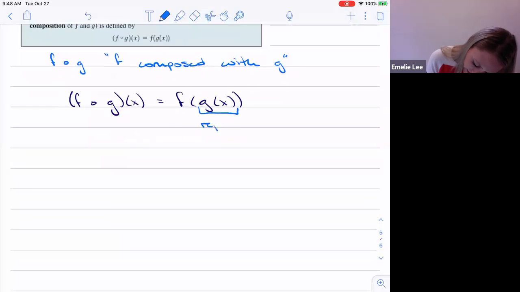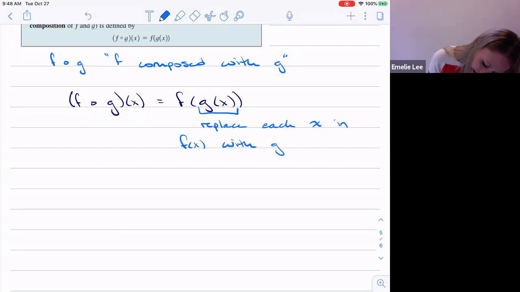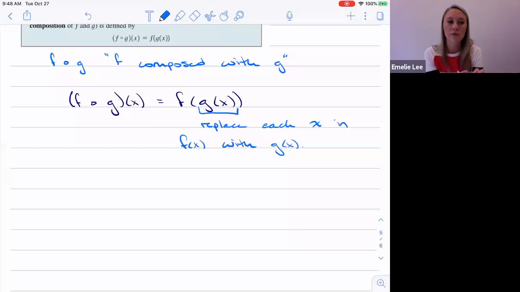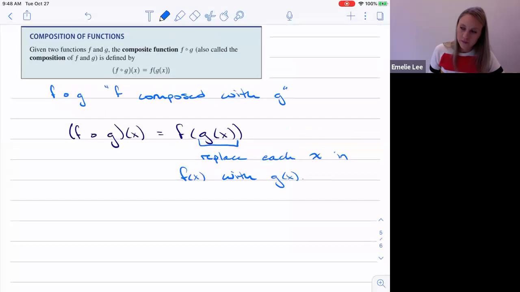So here what this says is we have to replace each x in f of x with g of x, right? So we're putting a function into a function. So it can be a little bit tricky, but just like we did the difference quotient, for example, right?